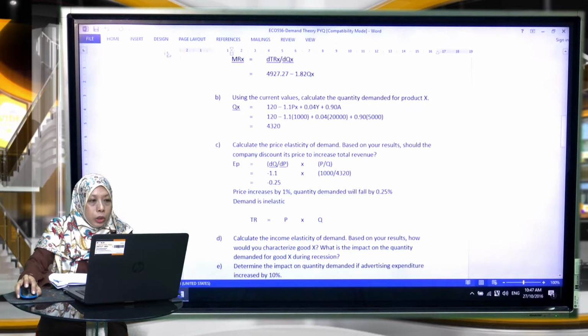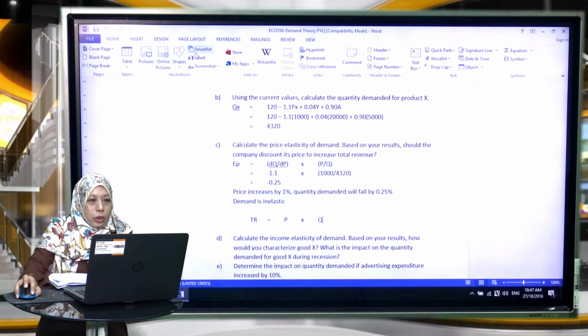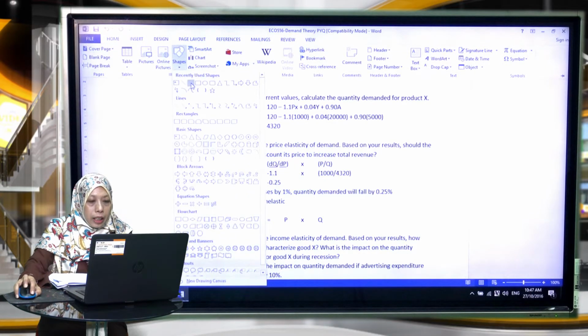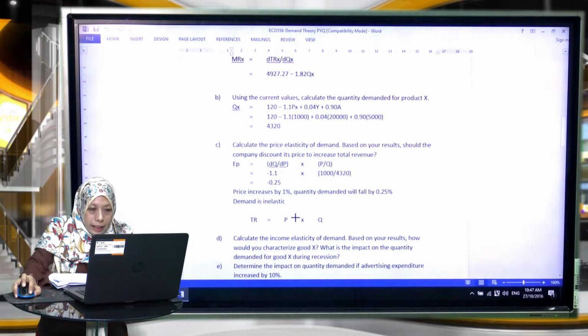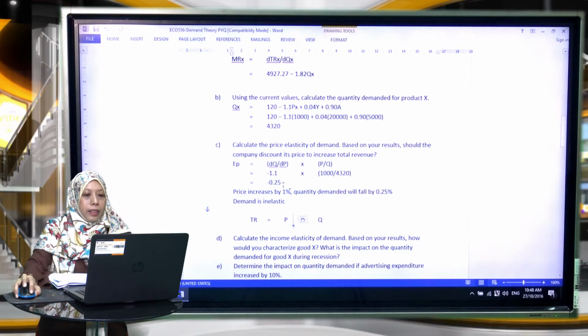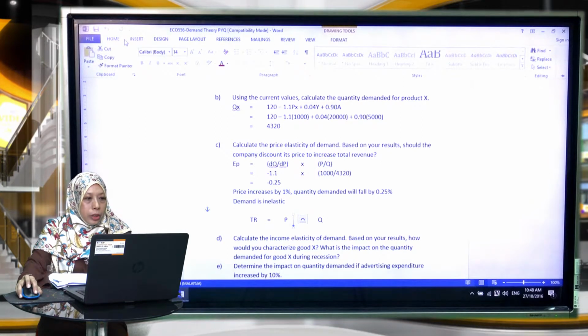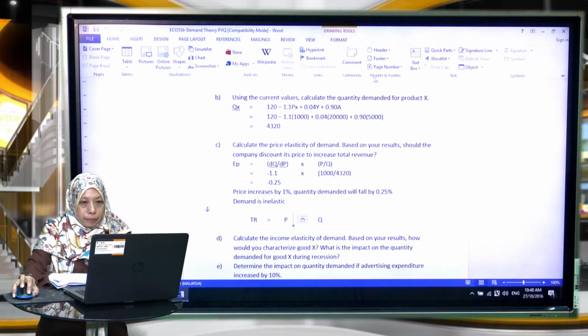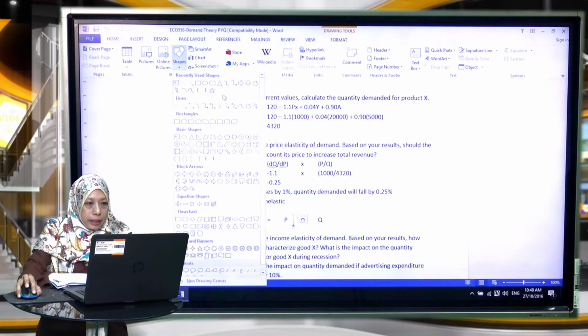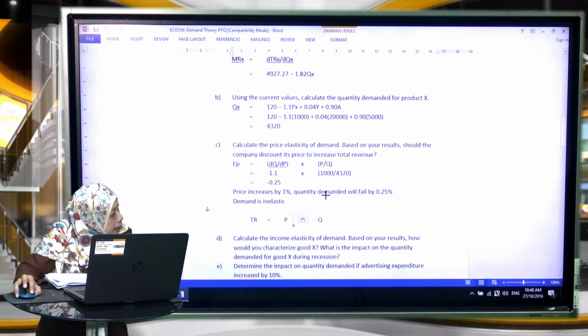You want to introduce a price discount, meaning that you want to reduce price. Now when you reduce price, we want to see what would be the effect on quantity demanded. So quantity demanded will definitely increase.